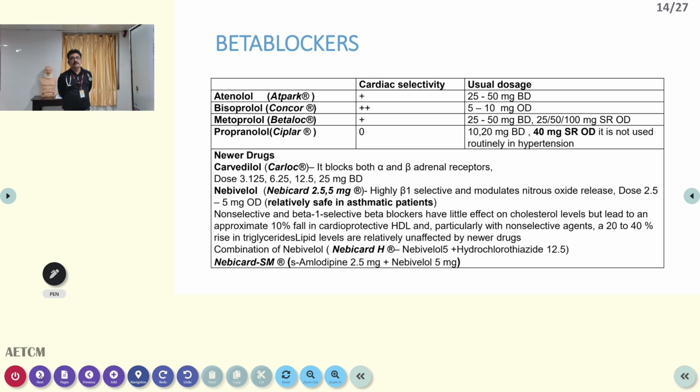But the compelling indication for beta blocker is hypertension with tachycardia or hypertension with coronary artery disease. There it is very useful. Otherwise, it is not indicated nowadays as first line therapy for hypertension. But even if you start it, there is no issue. There are no major side effects for beta blockers. They are just removed from the standard guidelines as a first line therapy.